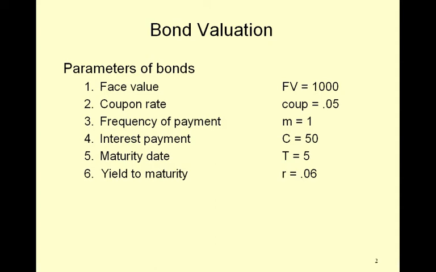The sixth parameter is yield to maturity. Yield to maturity indicates the actual rate of interest that any particular bondholder will earn on the bond. It's determined by prevailing interest rates in the market, as well as the relative riskiness of the borrowing company.